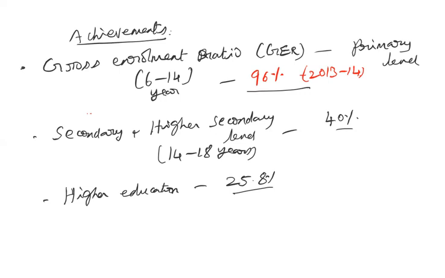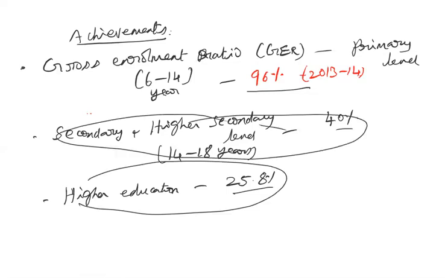So we have great achievements also, but still more importance has to be shifted to higher education and even to secondary and higher education. And also the quality of education should also be focused by the government.